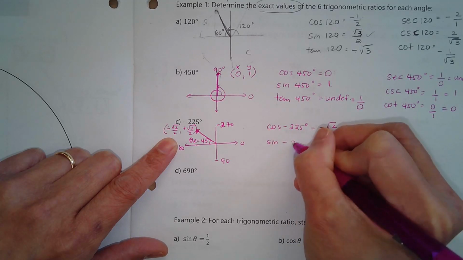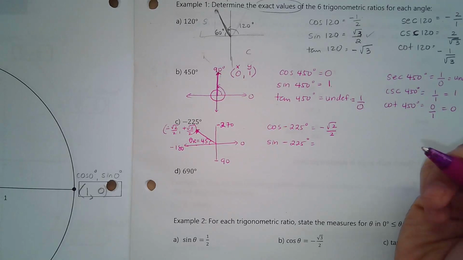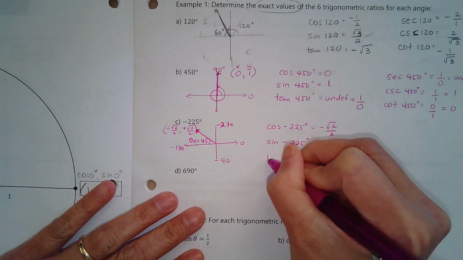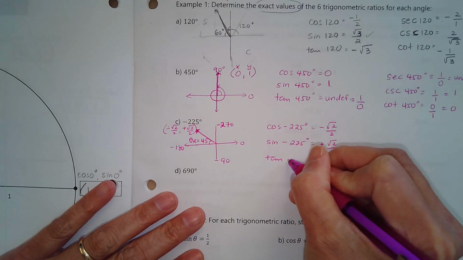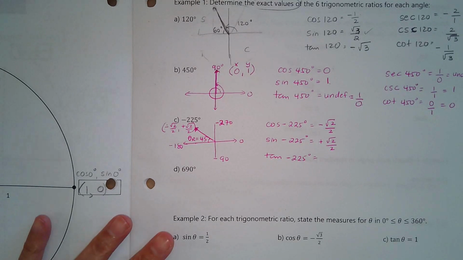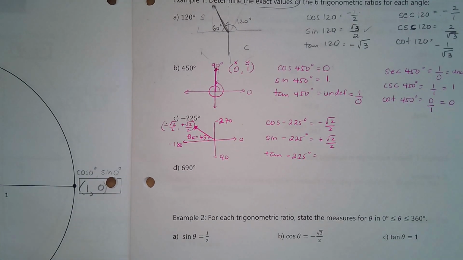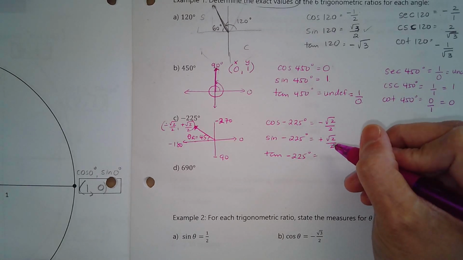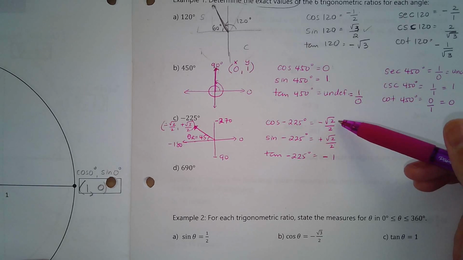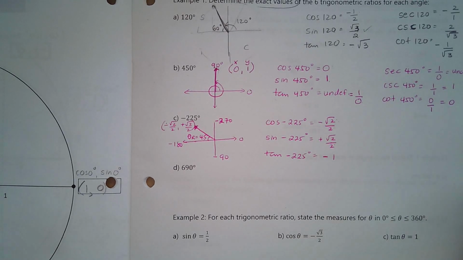Sine of negative 225 is going to be positive root 2 over 2, and then tangent is sine divided by cos. Positive divided by a negative is going to be a negative.